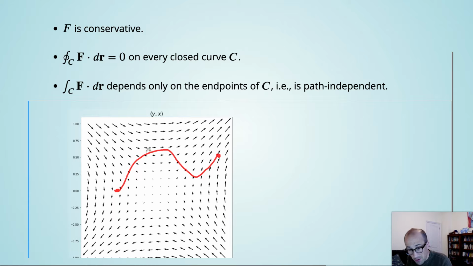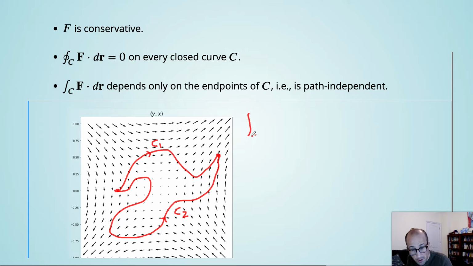So it doesn't matter if I go this way along my curve and I call that C1, or I take another path, maybe I come over here, and if I end up at the same point, I'm going to call that C2. Well, it's clear in both these cases that the line integral over each one is the same. It's just the potential at the endpoint over here minus the potential at the beginning point.